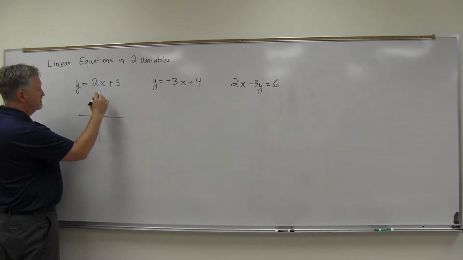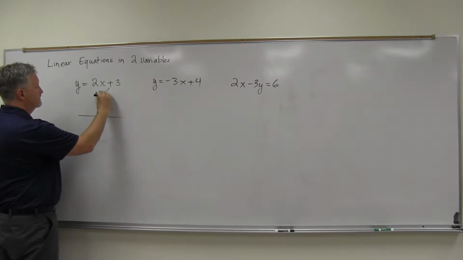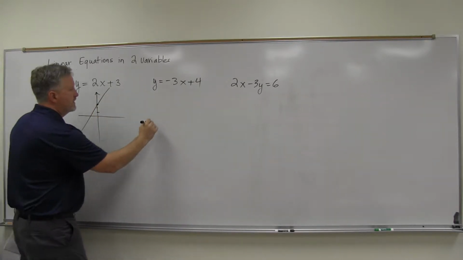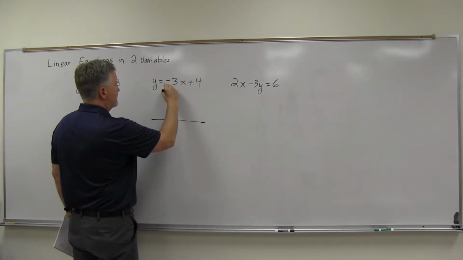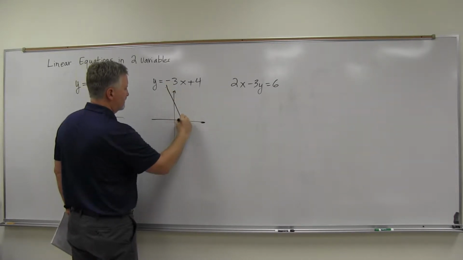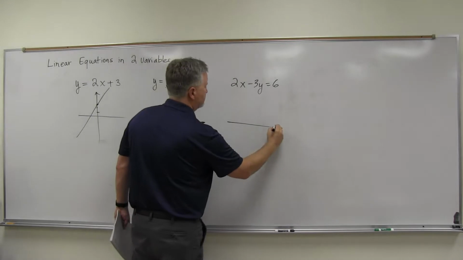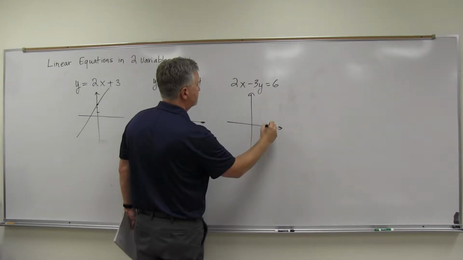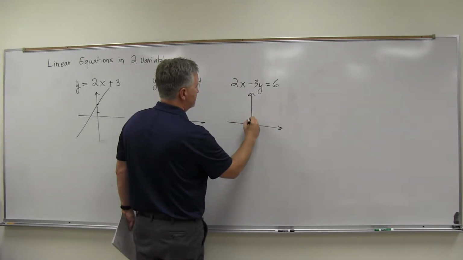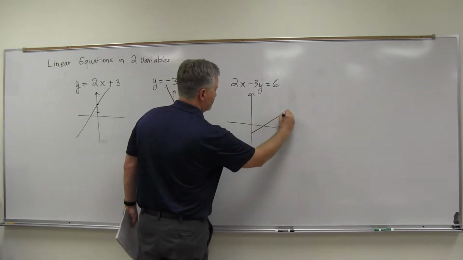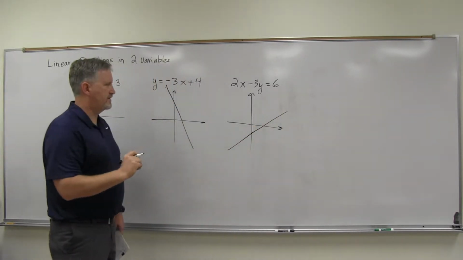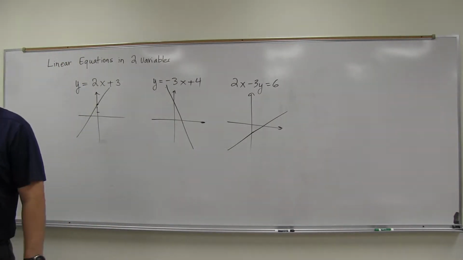It doesn't have to be exact here, I'm just kind of sketching these in. That'd be the graph of that one. Table on this one, it would be probably more like that. And then this one. If you know how I did that, that's fine, but if you don't, we're going to talk about it.